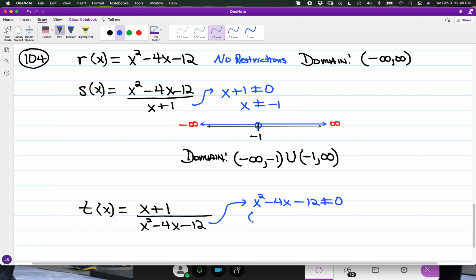So in this particular case, if that expression cannot be 0, then neither can its factors. In factoring, we have x plus 2 and x minus 6.